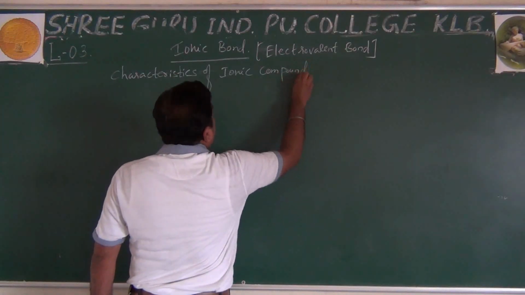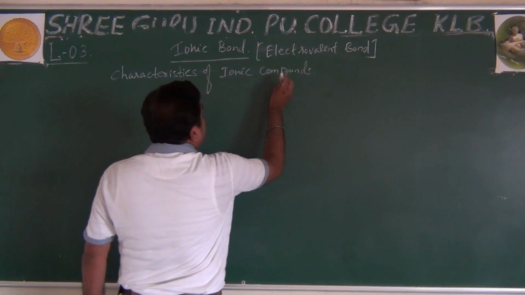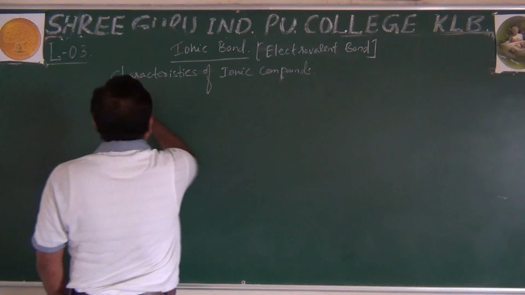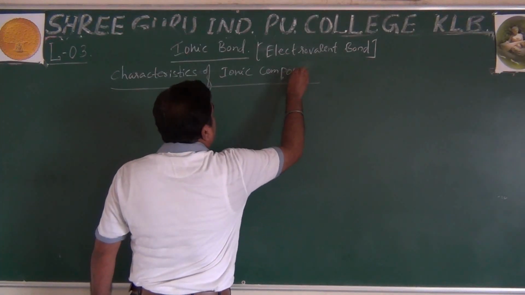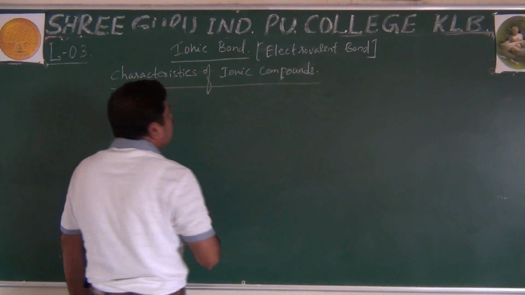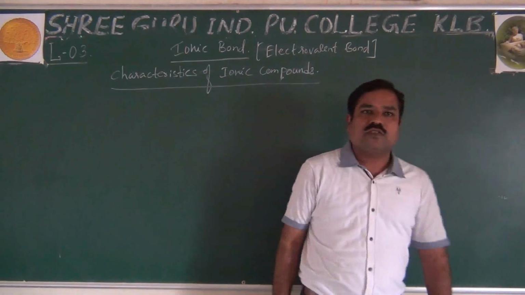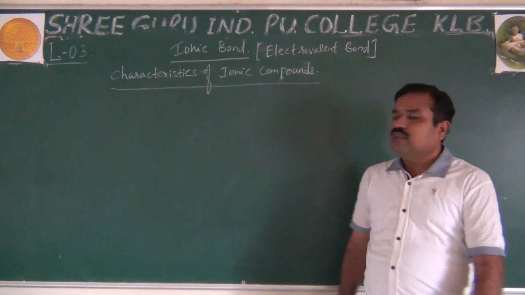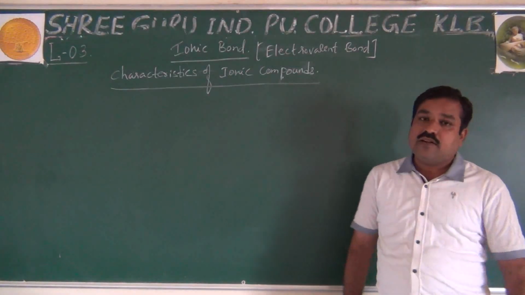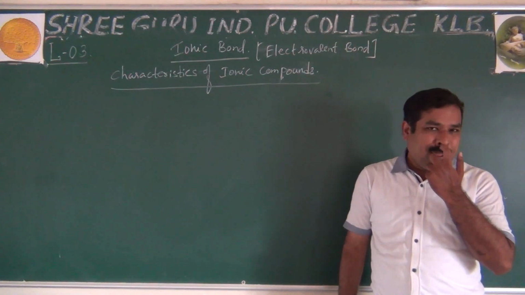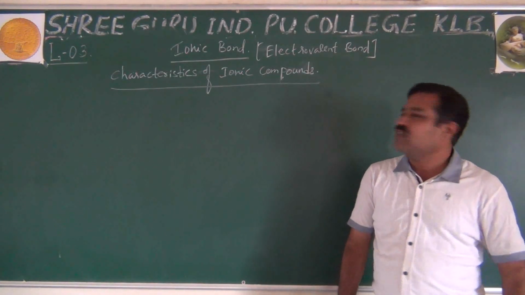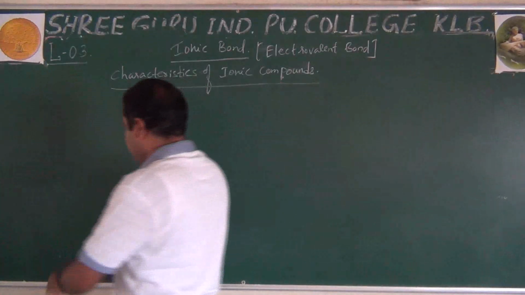What are the common characteristics of ionic compounds? See, very simple. This part is generally for 2 marks, and it is purely for CET and NEET purposes. Sometimes they will ask you for 1 mark in theory also. Let us see. First one.